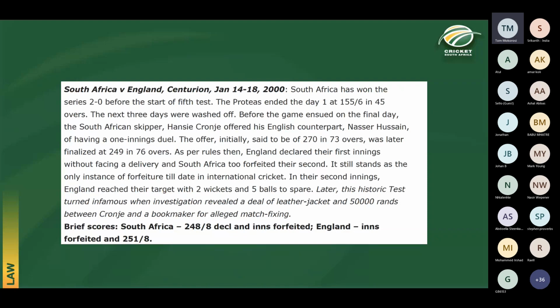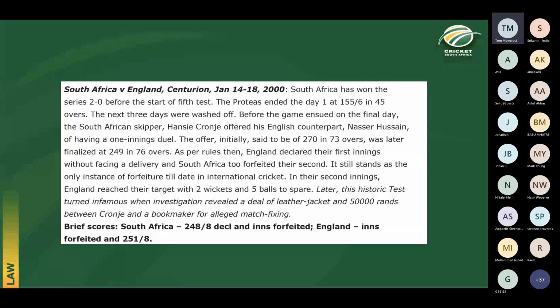And both captains at the time were lauded for making a game out of what would have become a damp squib because of all the rain. But unfortunately, it turned out that the match was fixed. And I'm sure you all know of the late Hansie Cronje.